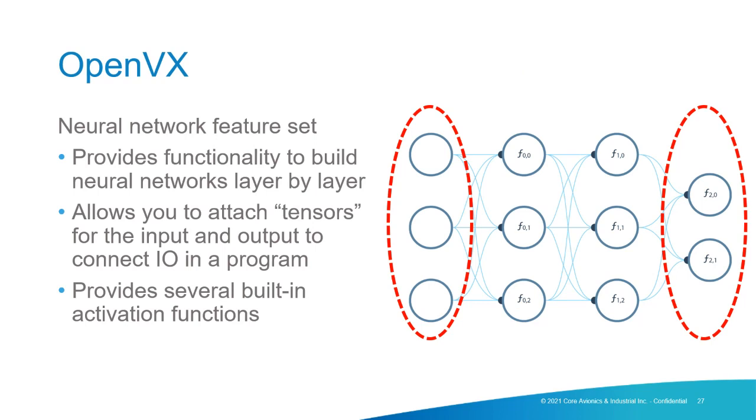It might be connected over PCI Express or some network, or using a camera standard like MIPI CSI. And so OpenVX puts no requirement on that. You can attach an input tensor to connect the data source to the actual neural network. And likewise, on the output, you can connect an output tensor that allows you to connect it to anything else in your application that needs to work with the data that's coming out of the neural network.